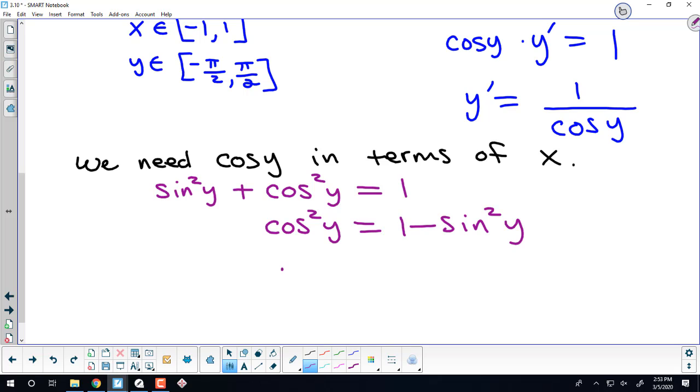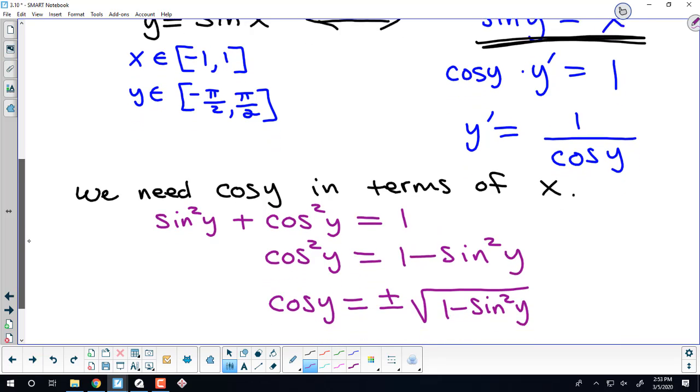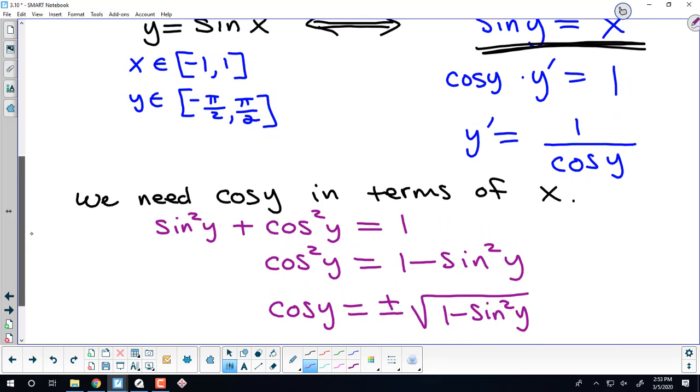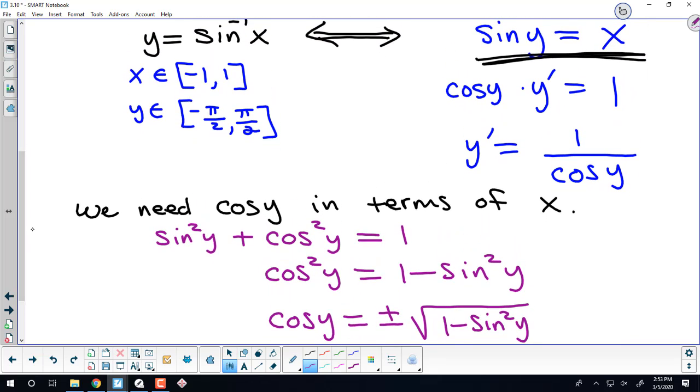So cosine of y is the positive and the negative square root of 1 minus sine squared y. And what do we know sine squared is? Sine of y quantity squared is x squared.